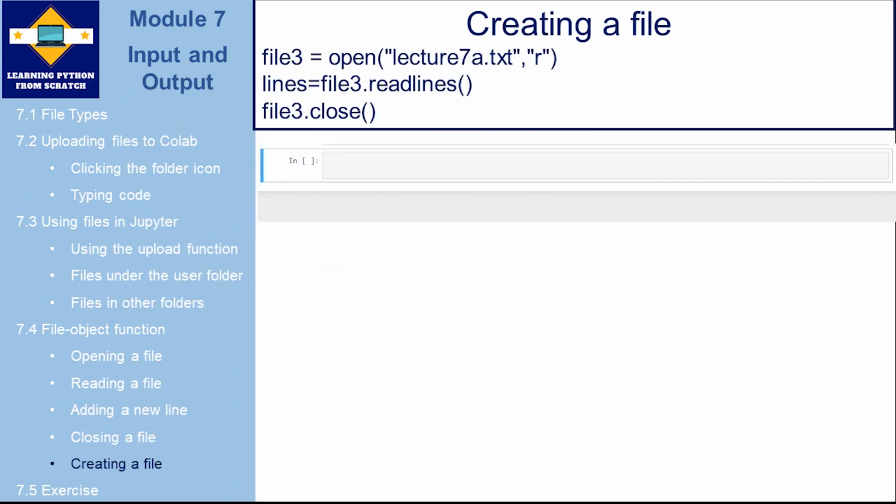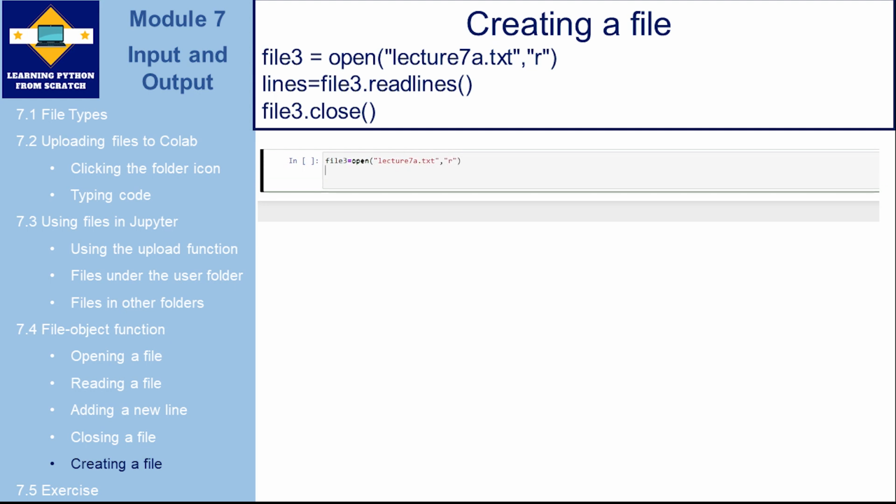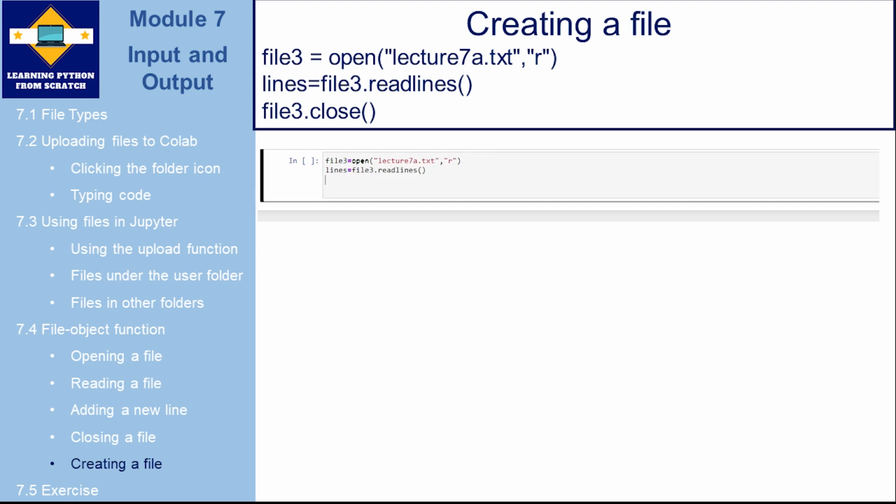Assume that we want to transform a file with spaces to a file with commas. We can do it by typing file3 = open('lecture78.txt', 'r'). Then lines = file3.readlines() and file3.close().